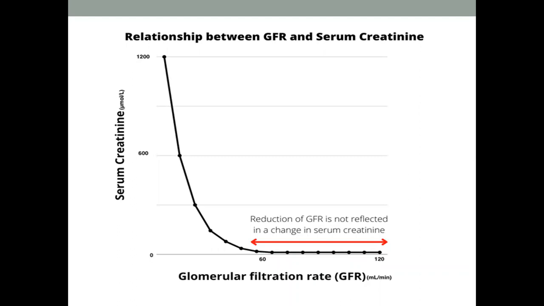And so you can see that glomerular filtration rate is a poor marker for kidney function. A reduction of GFR is not reflected as a change in serum creatinine, and that's why in most places we don't use GFR as a marker of kidney function. I hope we understand that clearly.